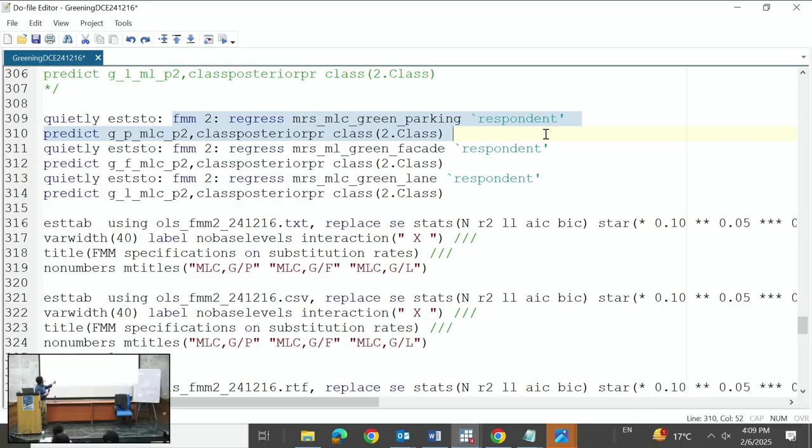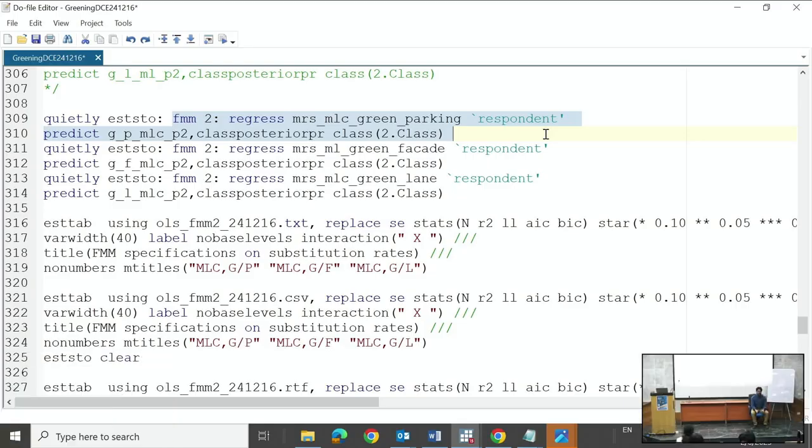And I am going to use the posterior probabilities to assign people into classes, depending on the probability. So there I'm going to stop a little bit before I show you the results, to give you a little bit of the taste of the EM algorithm.